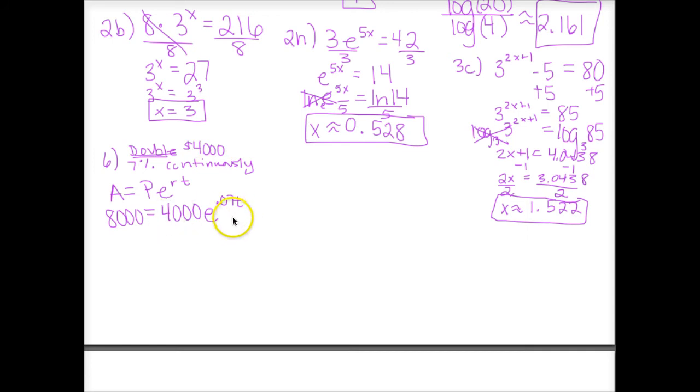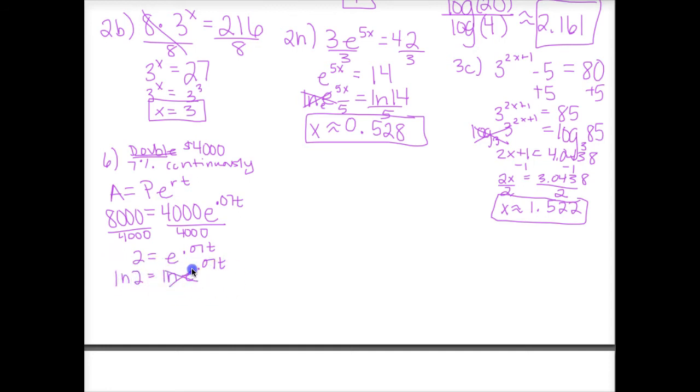So if I'm going to solve this, first thing I need to do is divide both sides by 4,000. So 2 equals e to the 0.07t. Again, we're past the point where we're guessing and checking here. Now I know how to solve this. I can't rewrite 2 in base e, so that means I need to take the natural log, because that's log base e, on both sides. So natural log over here and natural log over here.